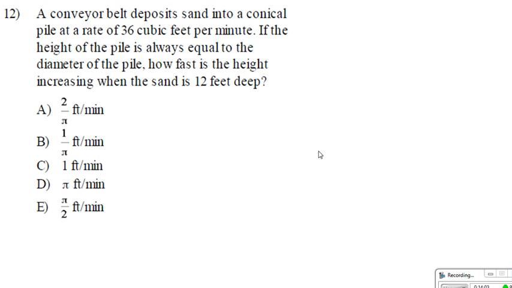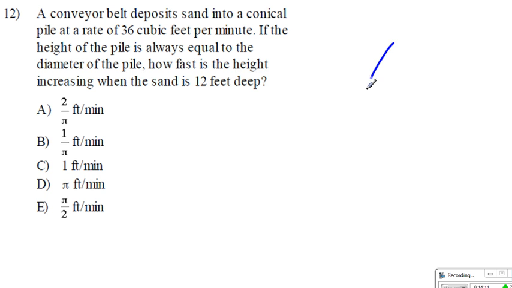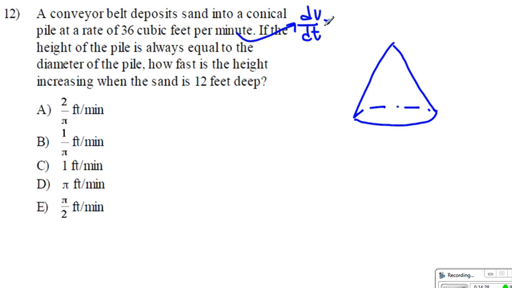A conveyor belt deposits sand into a conical pile. So the conical pile, we are looking at as something like this. At the rate of 36 cubic feet per minute, this implies dV/dt is equal to 36.